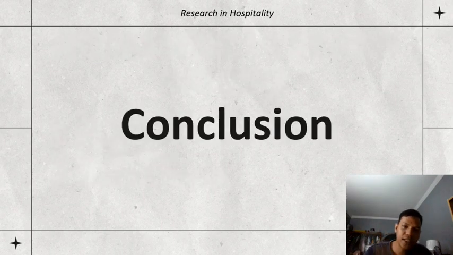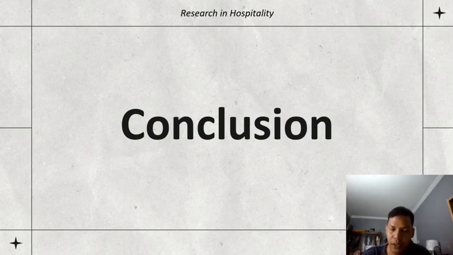Okay, so we are done, and for the conclusion, sampling techniques play a vital role in research, influencing the validity and reliability of the study findings. By understanding the different sampling methods, you as researchers can make informed decisions based on your research objectives, or what we call the statement of the problem.